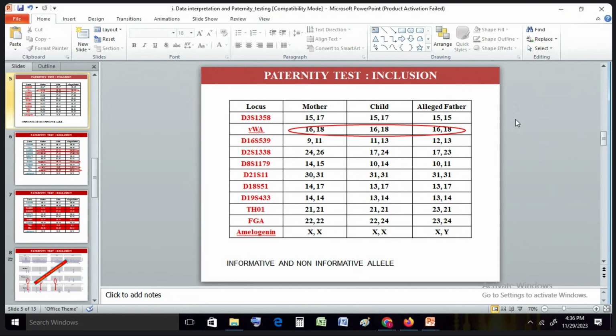It is easy to see that in either way you are getting the same result. Same result means match result. So in this case it is a match, and this type of allele is called informative allele. Any question?